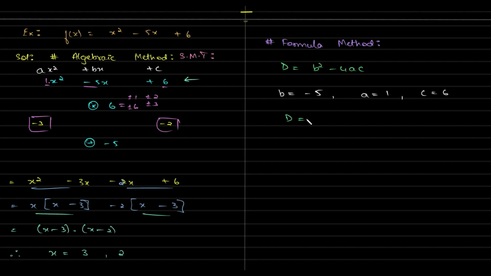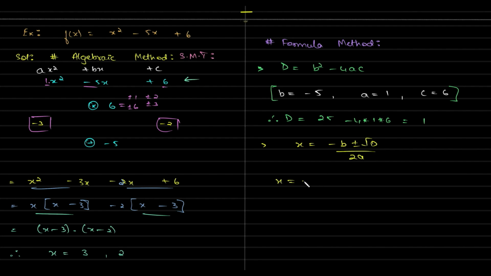Therefore d is equal to 25 minus 4 into 1 into 6, which you'll get as 1. Simple calculation. Therefore d is equal to 1. Next, x is equal to minus b plus or minus root of d divided by 2a. This is the final answer.